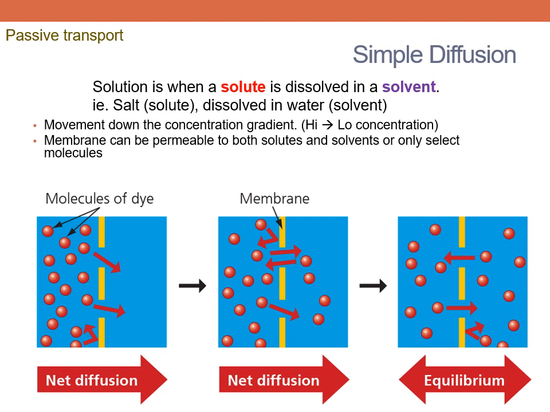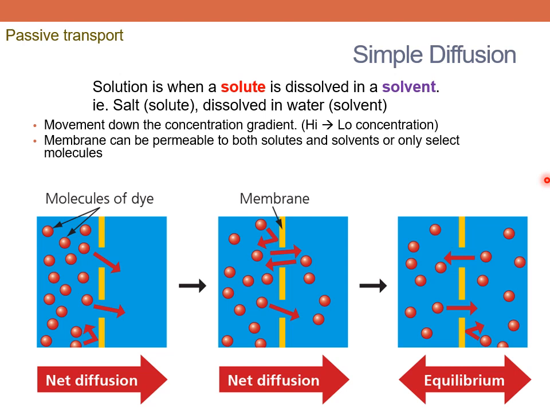This figure shows a solvent in blue that has a membrane separating the container into right and left sides. Molecules of red dye have been added to the left side of the container, and the molecules start to move through the holes in the membrane from an area of high concentration to lower concentration.